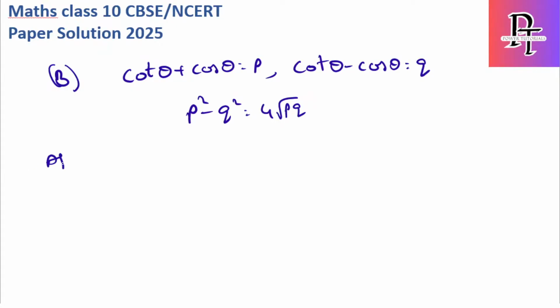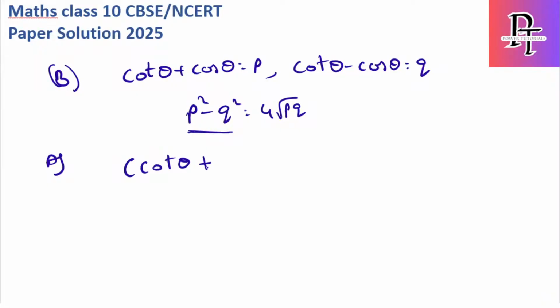Let's solve what is P square minus Q square first. You can solve this in two ways, but here you can solve it much faster. A square minus b square is a plus b into a minus b.